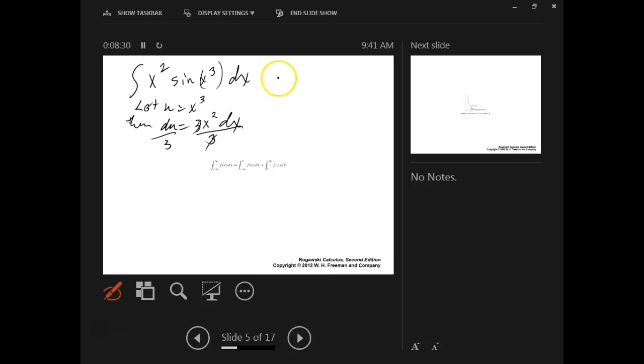Now this new integral becomes 1/3 the integral of, because we divided out the 1/3, the du is the x squared part, because we've got the 1/3 out front. Sine of u. Okay?